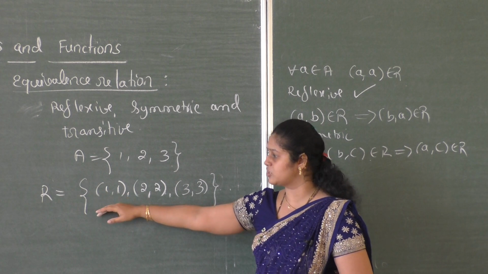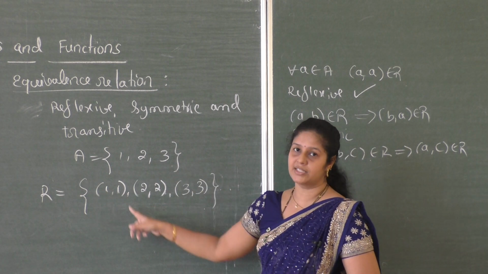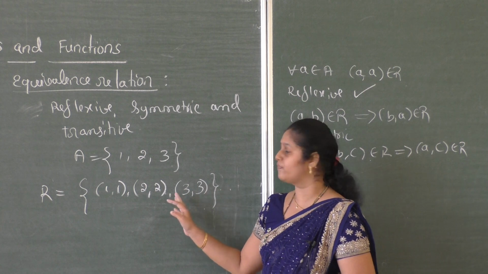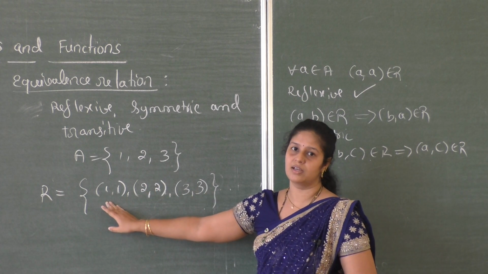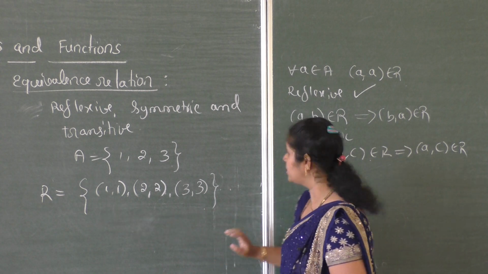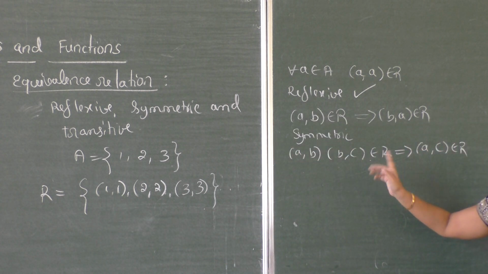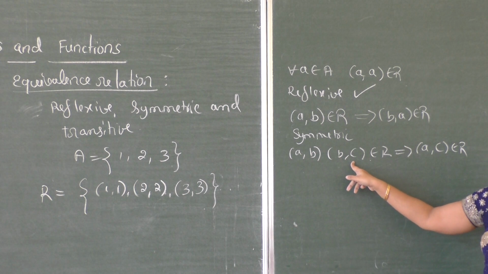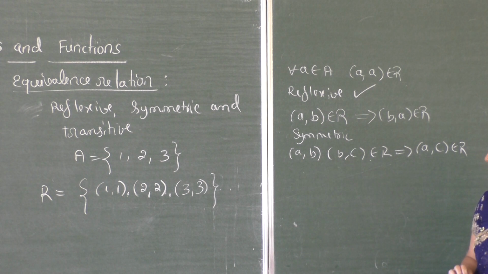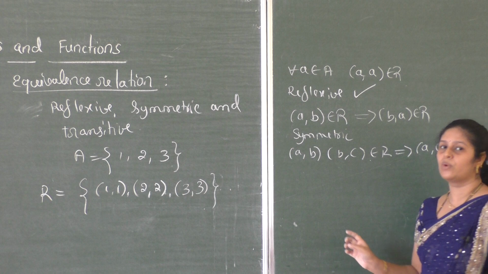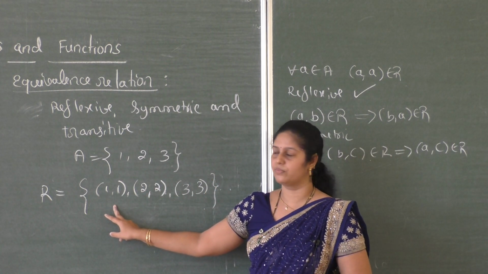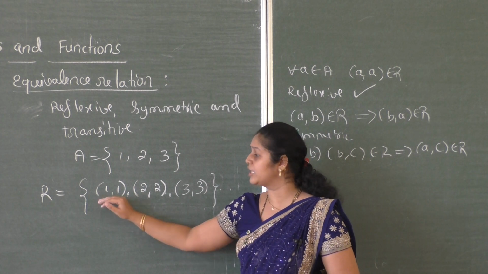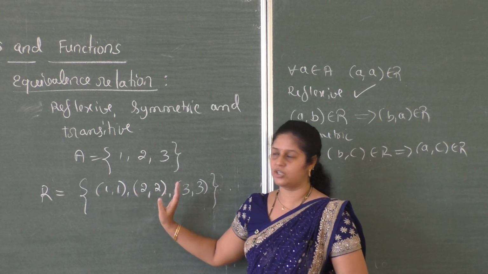But except this ordered pair, you can't see any other ordered pair having 1 as a first element. That means only one ordered pair (a, b) is there, but (b, c) is not there. Therefore it is transitive. You need not check for any other ordered pair.